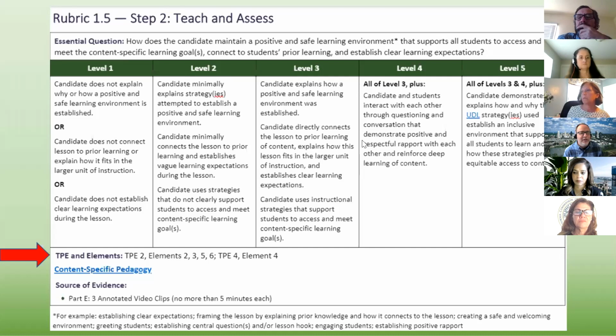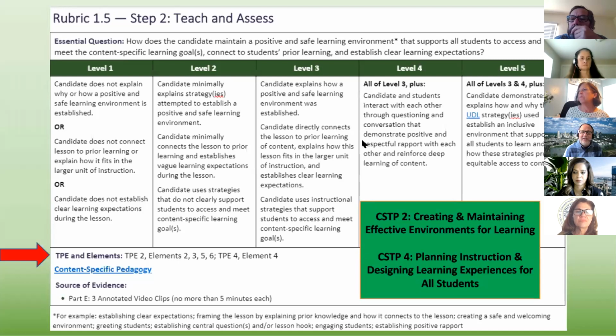And as we know, the teaching performance expectations have been aligned with the California Standards for the Teaching Profession, or CSTPs, in their domains. So what this translates into for the CSTPs are CSTP2, which is creating and maintaining effective environments for learning. And then also CSTP4, which is planning instruction and designing learning experiences for all students.